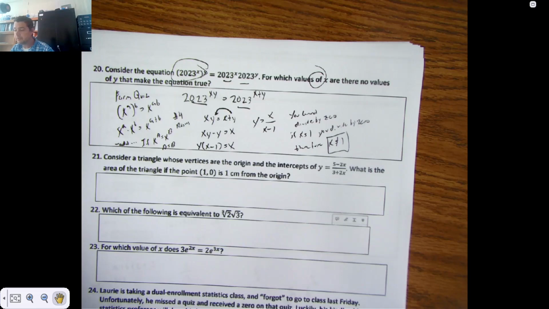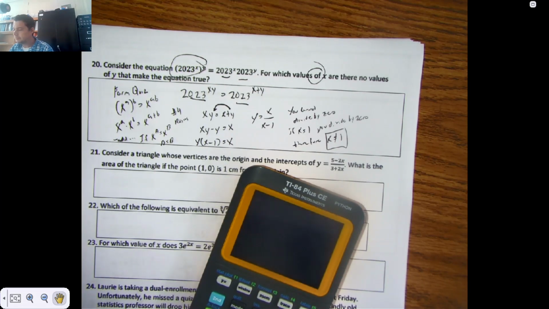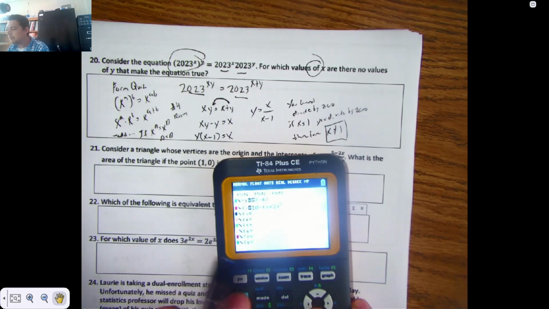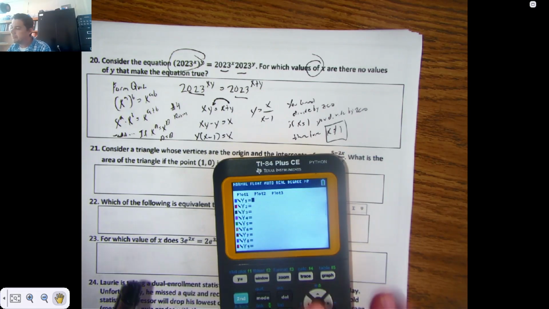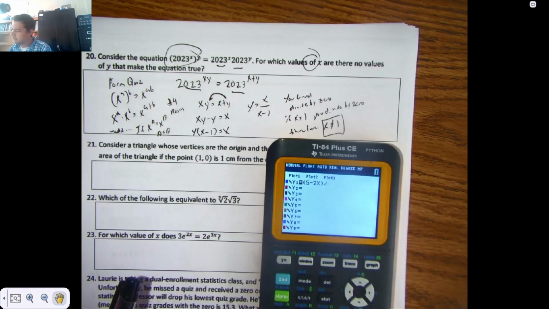All right, 21. Consider a triangle whose vertices are the origin and the intercepts of y equals 5 minus 2x over 3 plus 2x. What is the area of the triangle if the point 1, 0 is 1 centimeter from the origin? So, I'm going to take a look at that graph. Be careful when you use a calculator when you're graphing. 5 minus 2x needs to be wrapped. 3 plus 2x needs to be wrapped.